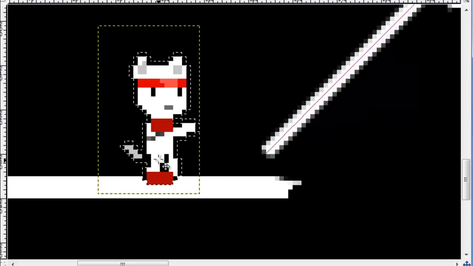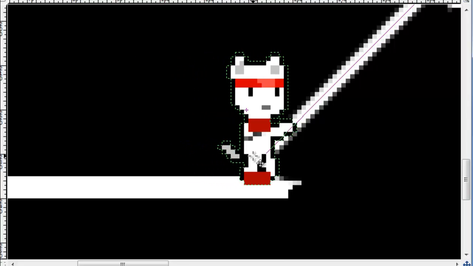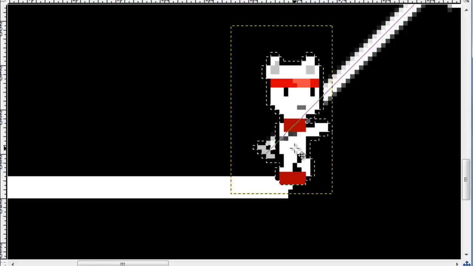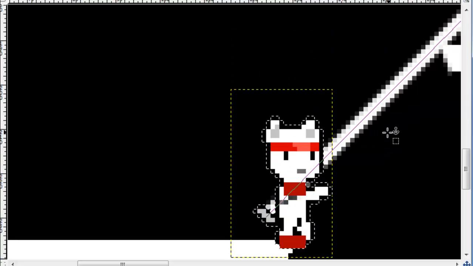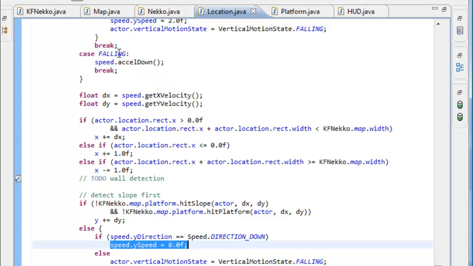So now when the cat is moving, we're on a platform, and then we hit this slope, and all of a sudden, oh hey, we're in a slope. We detect a slope because, even though we're setting our speed equal to 0 whenever we're on a platform, remember, when we're on a platform we're in the state of falling.